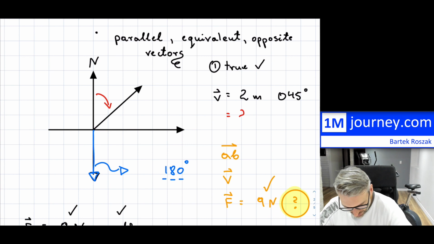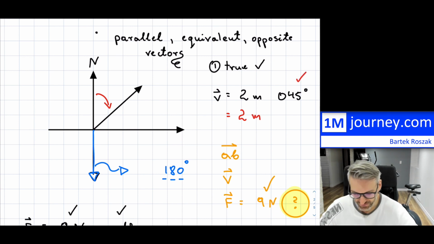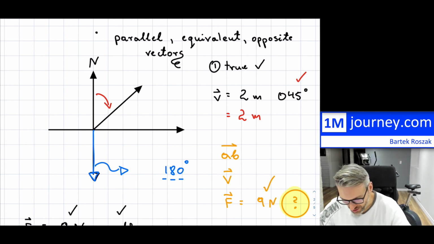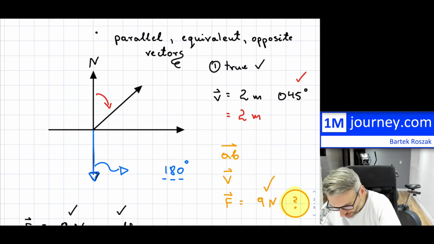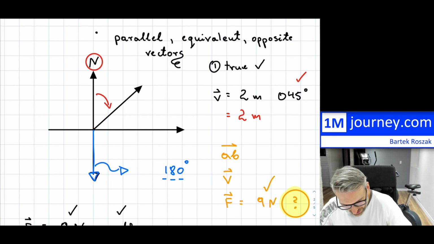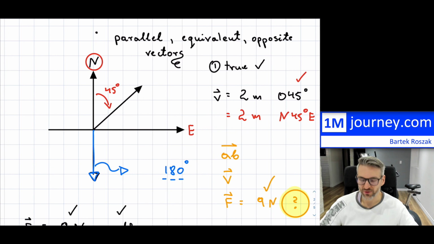This is still 2 meters, but instead of writing 045 degrees, in the quadrant bearing it is where you start from. So this is where you start from, right here. You would say this is north, and you go from the starting position 45 degrees, and now you say in which direction. Well, this is north, that means this is east. So you're moving in the east direction, right? So you would have had this.